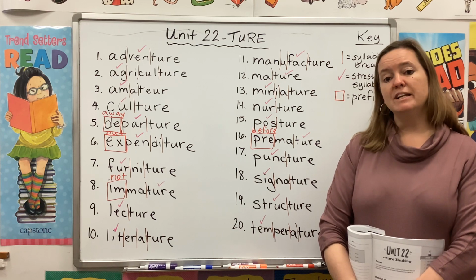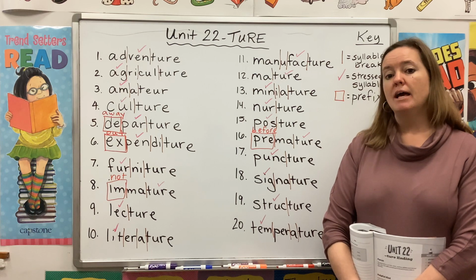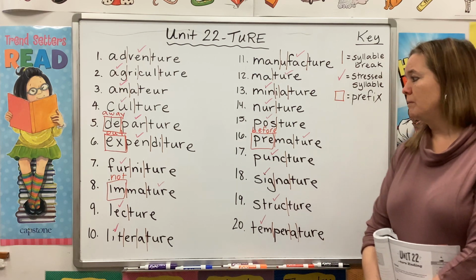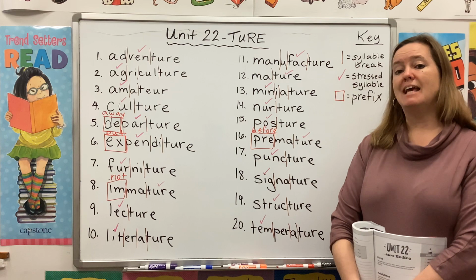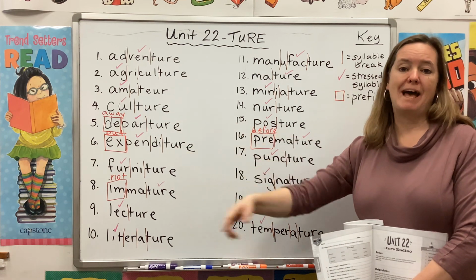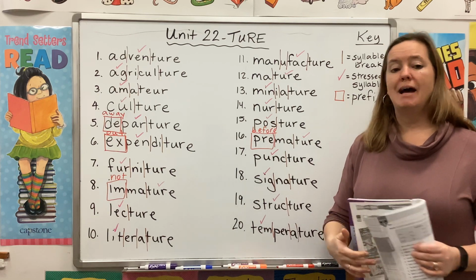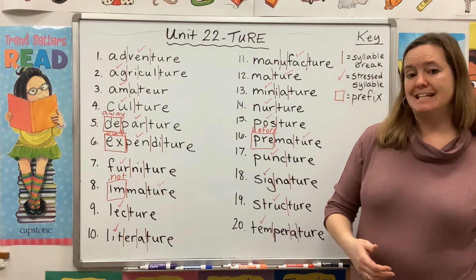Well, this week we're going to do the same thing with TURE. In some of our words this week, we are going to be able to find a verb, an action like depart or expend, and change it to a noun by adding that TURE ending.